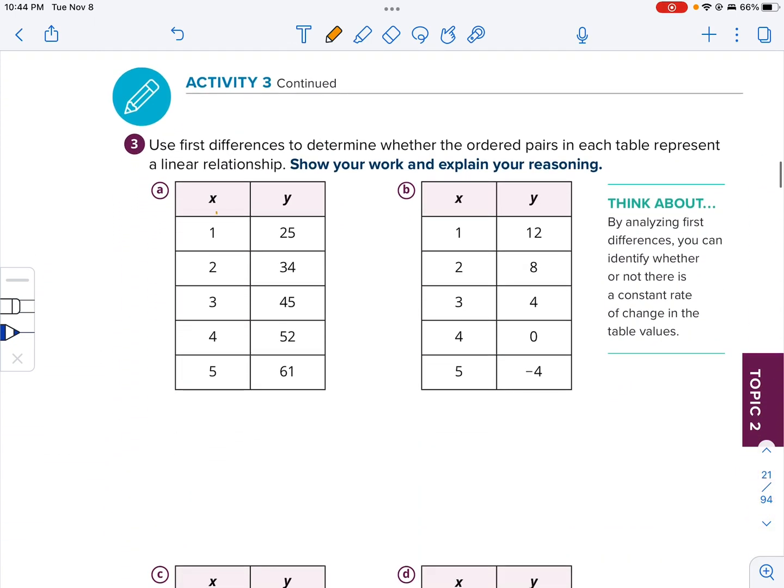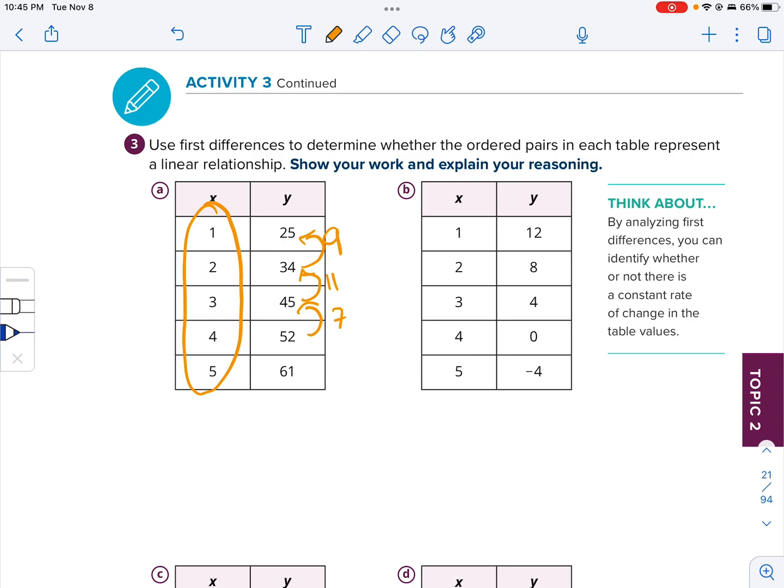So let's look at this. Okay, these are first differences. So all I'm going to do is subtract 34 minus 25. When I do that, I get 9. I'm going to subtract these. 45 minus 34. I get 11. Right here, 52 minus 45. 7.